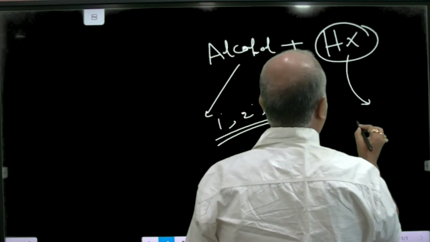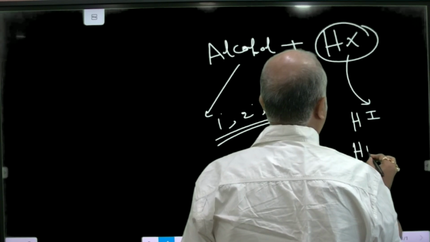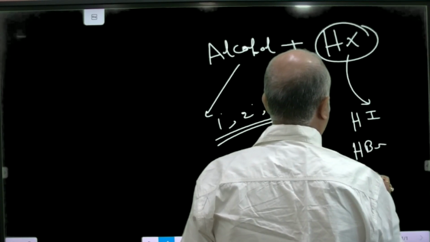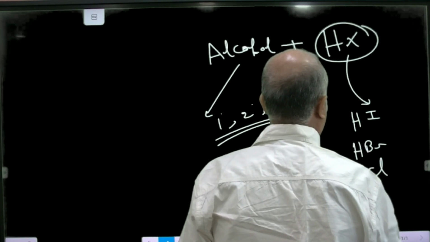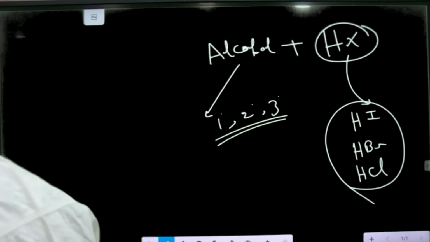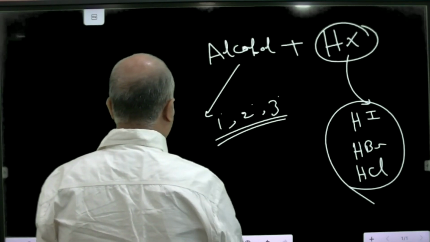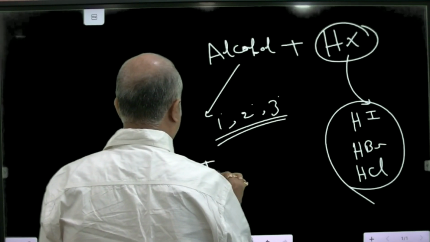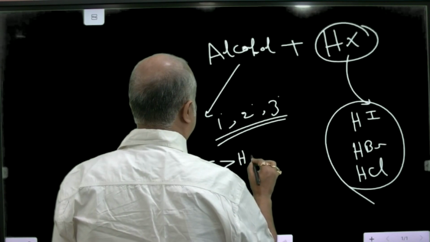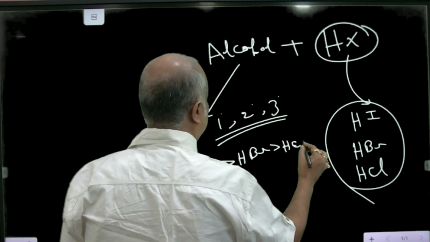And halogen acid means HI, HBr, HCl. Reactivity of halogen acid: HI greater than HBr greater than HCl.